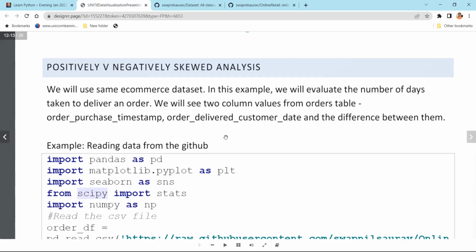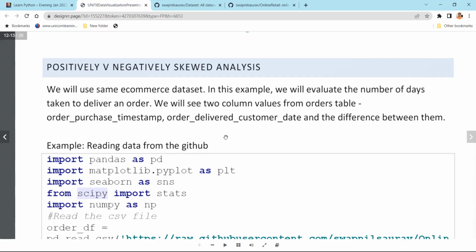The graphs which are not normal instead have a tail. If the tail is pronounced on the right side, the positive side, we say it is a positively skewed graph.